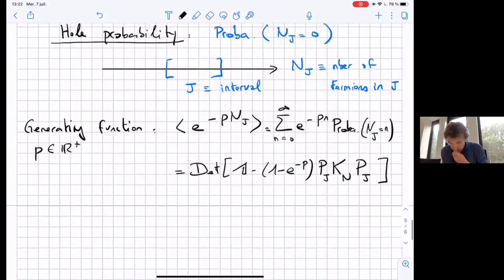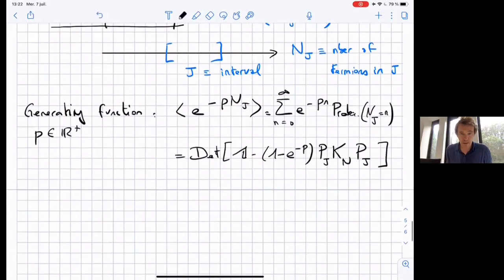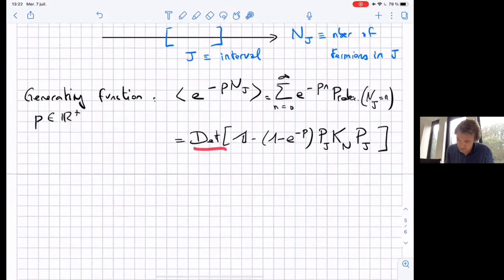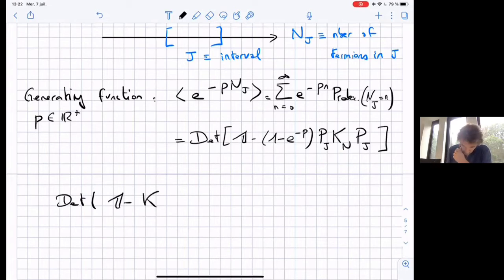Okay. So that's a very crucial relation. I need to introduce you to several things. First, this guy is called a Fredholm determinant. So let me just suppose that I have the identity minus some operator k tilde.